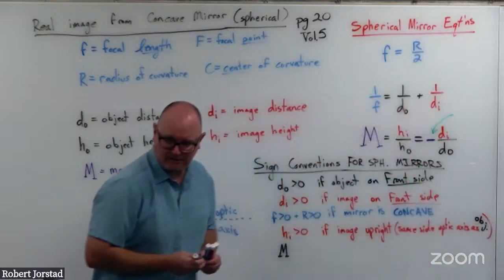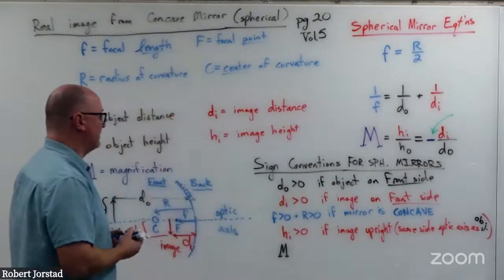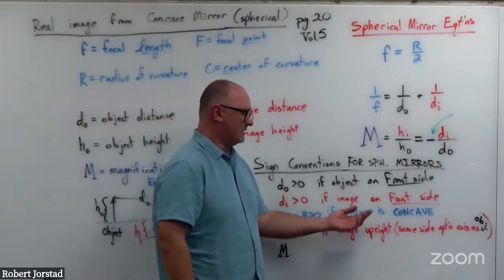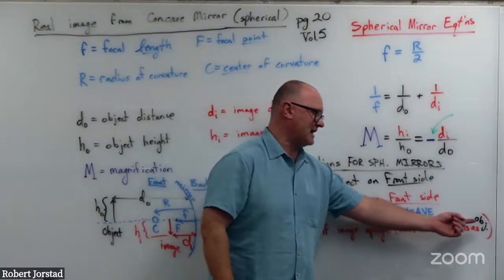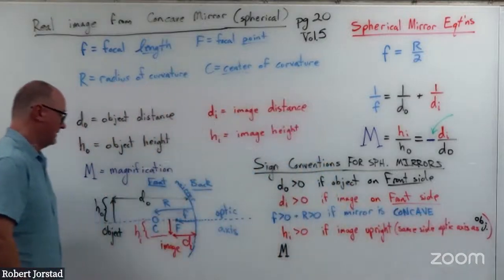Does that all fit on there? Just barely. So if the image is on the same side of the optic axis as the object, it's upright.